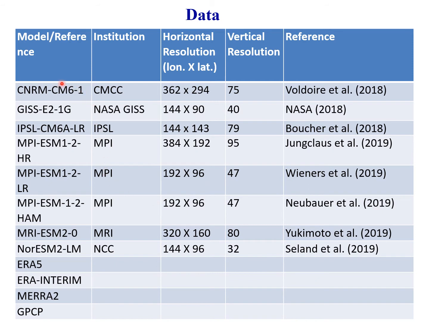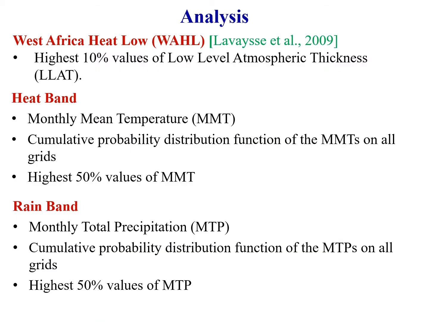We used 76 GCMs, and these are the reference datasets that were used for the work. We used the Lavaysse approach for the determination of the heat low, which is the highest 10% values of low-level atmospheric thickness.